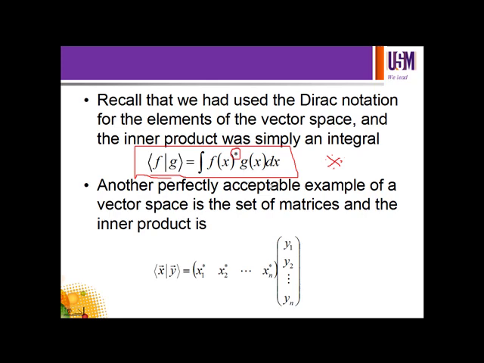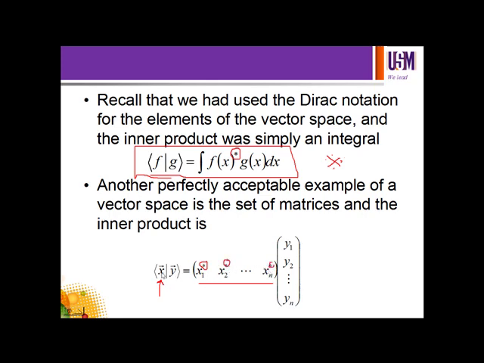while the ket on the right hand side has no change. Another perfectly acceptable example of a vector space is the set of matrices, and the inner product is as shown there. We had also discussed matrices previously. If we have two vectors, whatever is in the bra is conjugated. The elements of the vector are all conjugated, while the ket side is not conjugated.